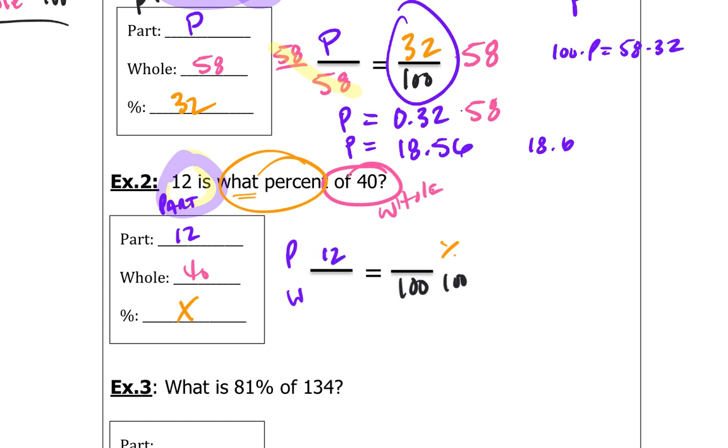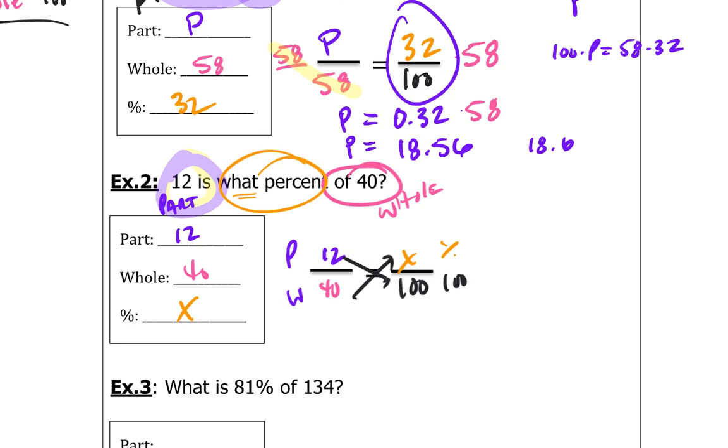We know that our whole is 40, and we don't know our percent, so we put an X there. And now we're solving this. Now again, you should be able to see you could just multiply both sides by 100. But let's go ahead and be wild and crazy and do the cross product equation, if that's the one you're most convinced you want to use.